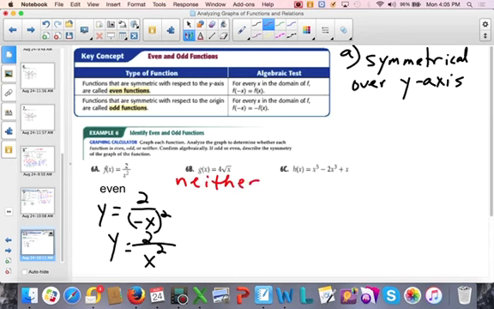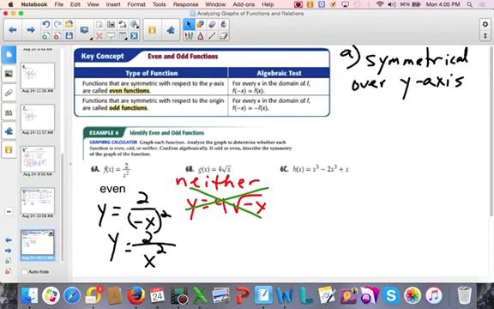Confirming algebraically, if I plug in negative x, this does not equal the same thing as 4 times the square root of x. I could be taking the square root of a negative number now, and you know that's not allowed. Okay, so that's not equivalent. And it also doesn't equal the opposite of 4 times the square root of x.